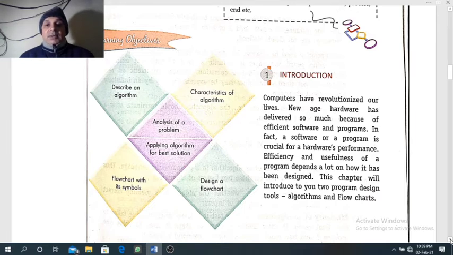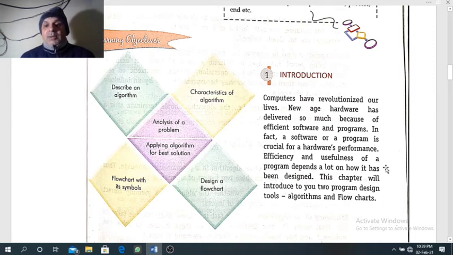nowadays we have many electronic devices like smartphones and electronic gadgets. These gadgets are only hardware. They work properly with the help of software. Some software is loaded in this hardware. So the combination of hardware and software makes the device very useful for our daily life.